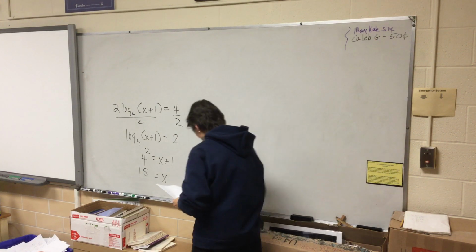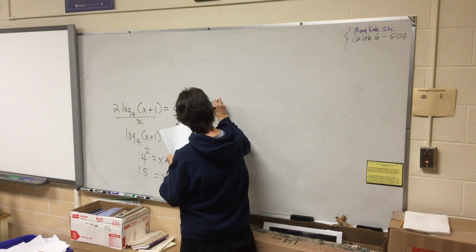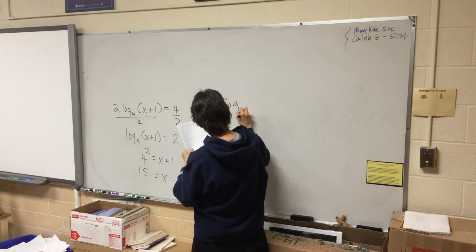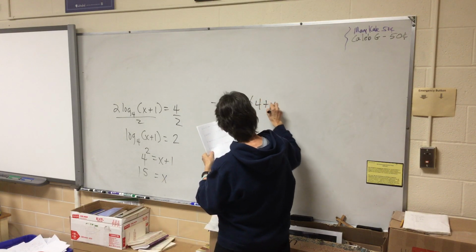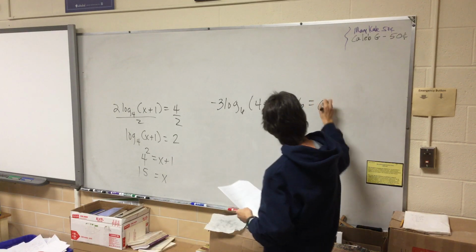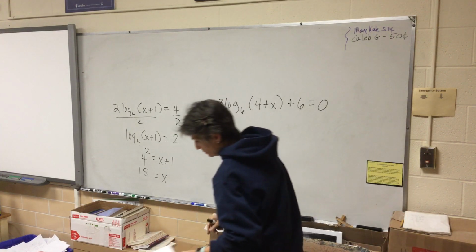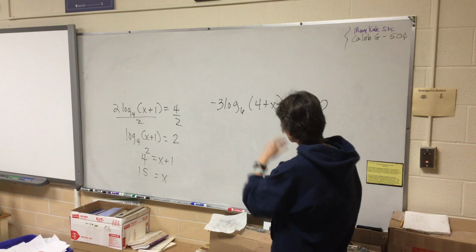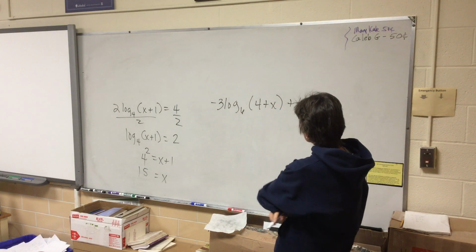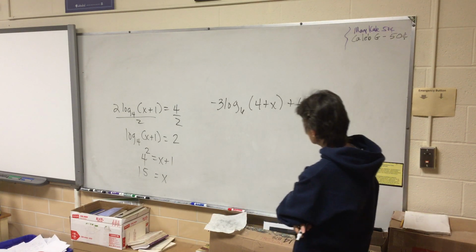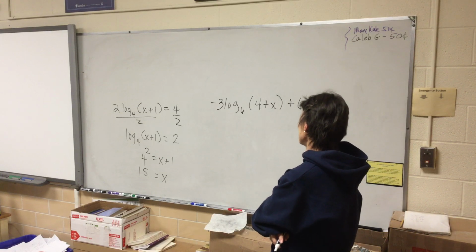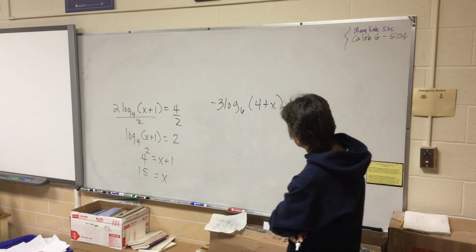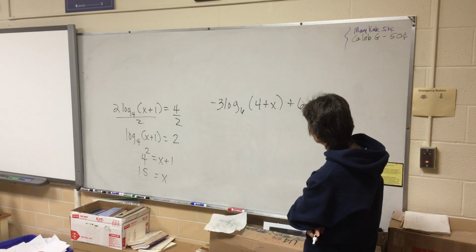All right, our very last problem, here we go. Oh, this is a big one. Liz, what do you think we'll do first here? This is a big equation. Divide by -3.